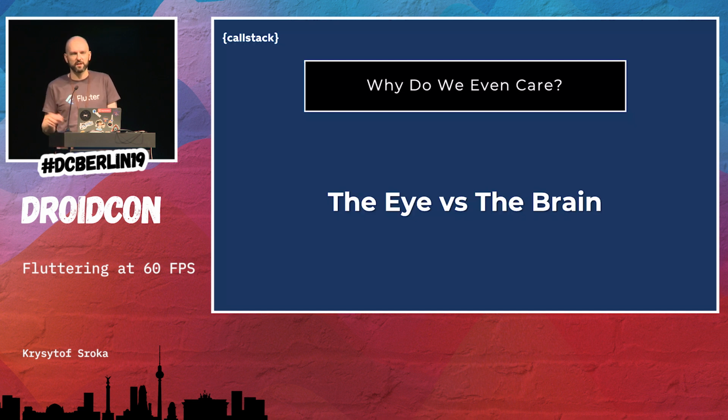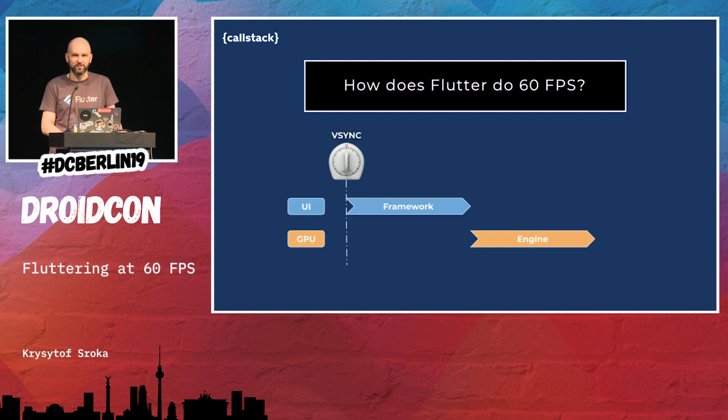If we think about having smooth animations, and not, let's say, games, then 60 FPS is good, 120 FPS is very good, and above 120 FPS you actually need to write game apps that need lots of flashing lights to notice a difference. If you write a regular app, 120 FPS should be good for you and good for your users. And maybe in a couple of years, this talk could be renamed Fluttering at 120 FPS.